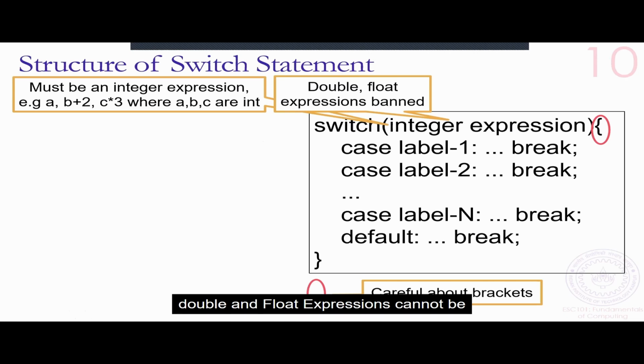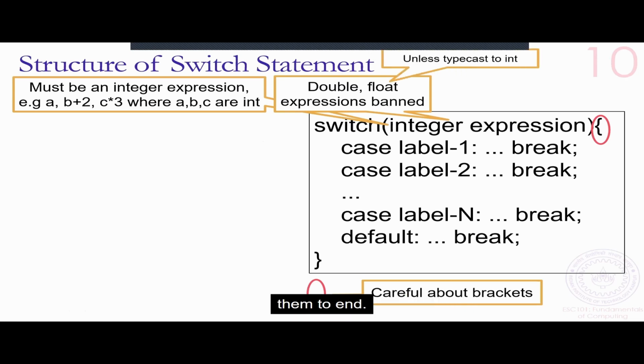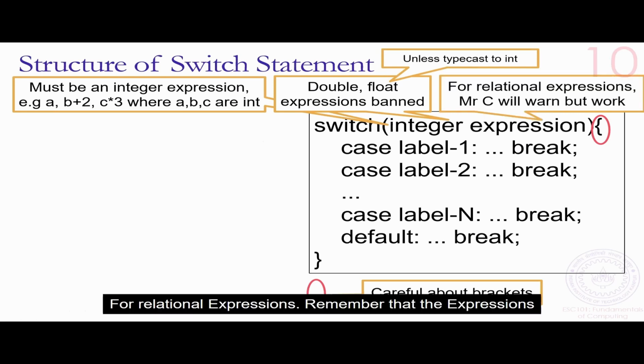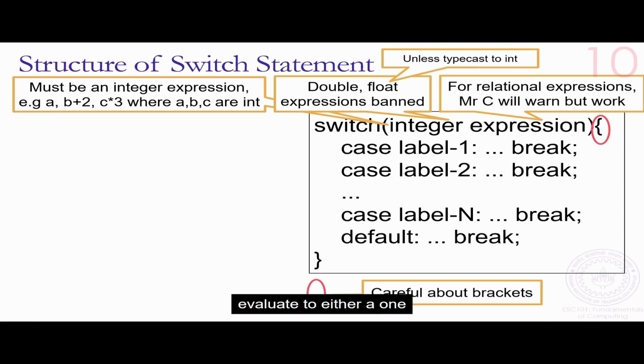Double and float expressions cannot be used unless you specifically typecast them to int. For relational expressions, remember that the expressions evaluate to either a 1 or a 0, which are integers, so you get a warning, but it'll still work.